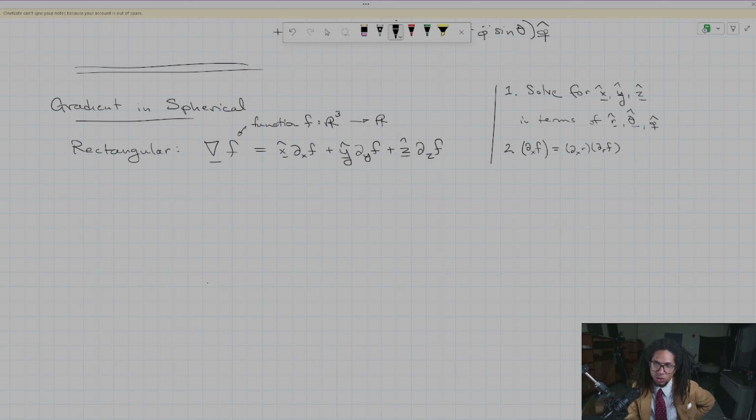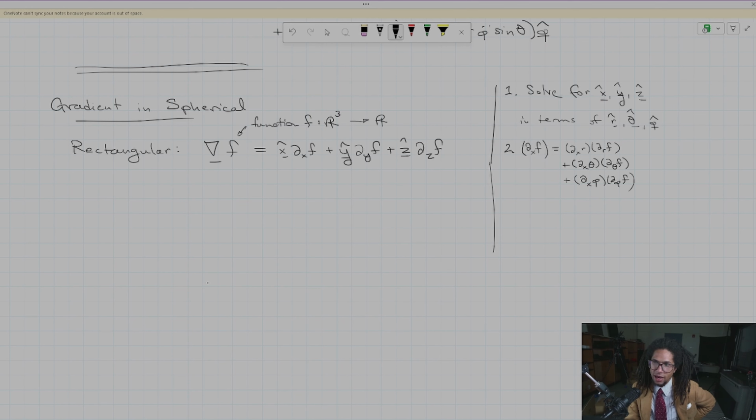That would be the one-dimensional chain rule, but in many dimensions, I now need to take all the other partials. So partial x of theta, then partial theta of f, and then partial x of phi, partial phi of f. And then I need to do that for the y and z directions as well.